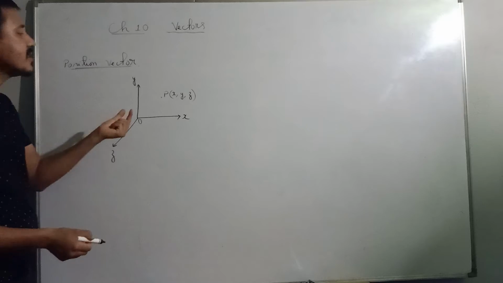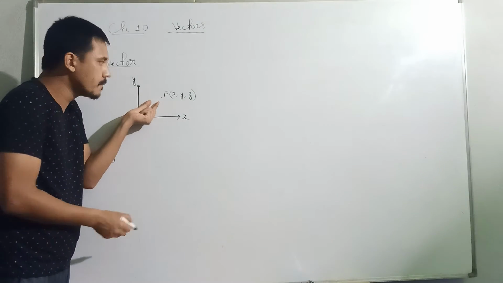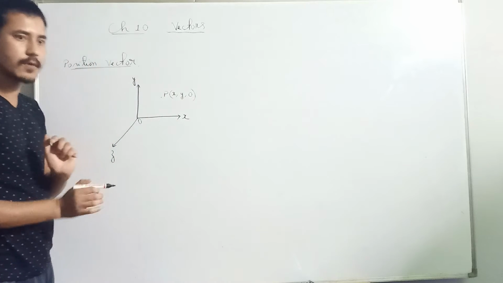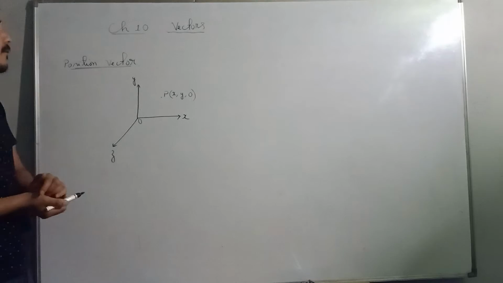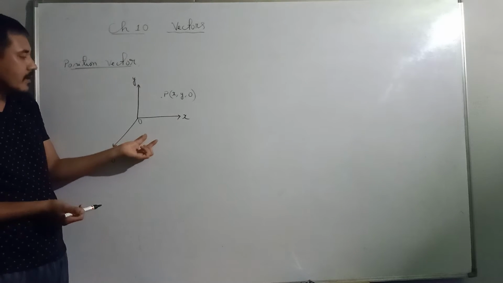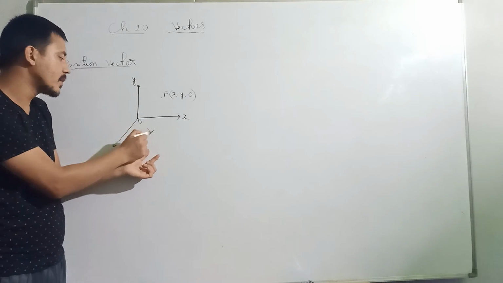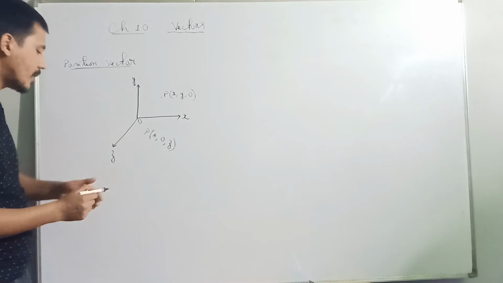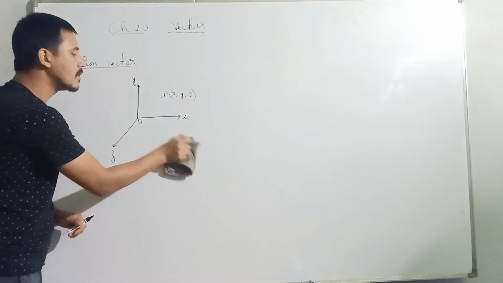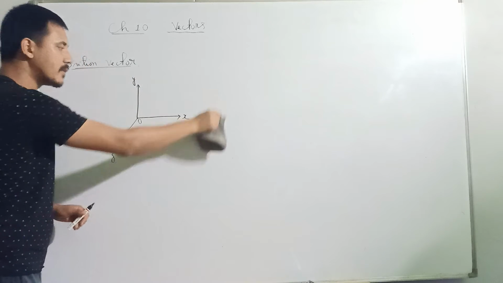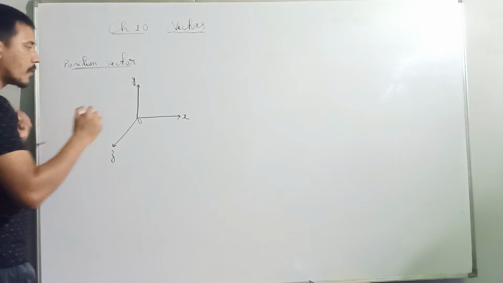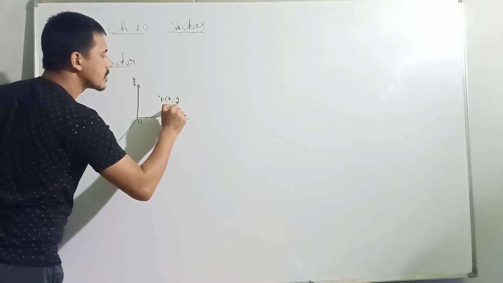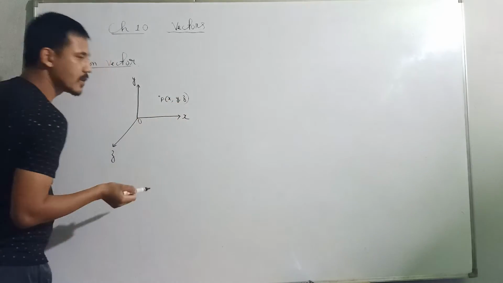If a point P is in the xy plane only, then its coordinate will be x, y, 0, no z coordinate. If a point is in the xz plane, then its coordinate will be x, 0, z. But we are considering a point not in a plane but in space. So the coordinate of that particular point will be x, y, z.